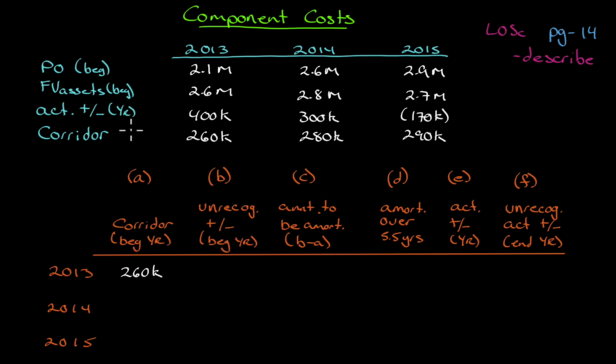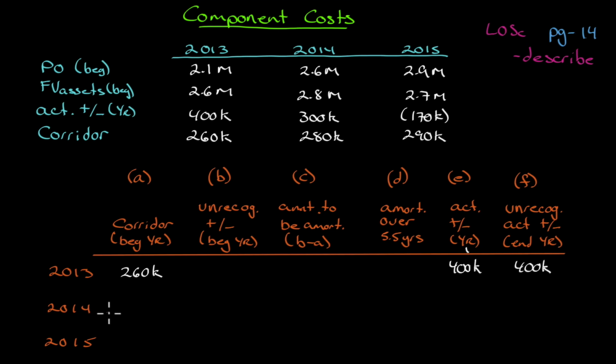We're assuming that this happened during the course of the year. So any unrecognized gain or loss at the beginning of the year is 0. Amount to be amortized is 0. Amortized, in this example, we'll assume over 5.5 years. Our actuarial gain or loss for the year, this one we want, is 400. So any unrecognized actuarial gain or loss at the end of the year is now 400.